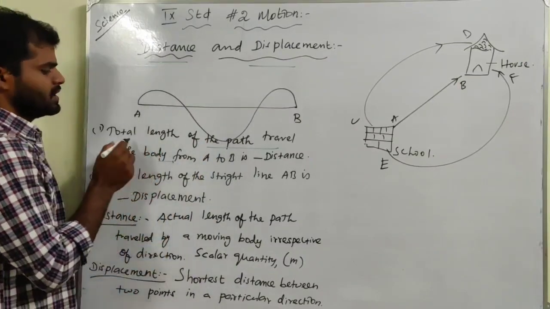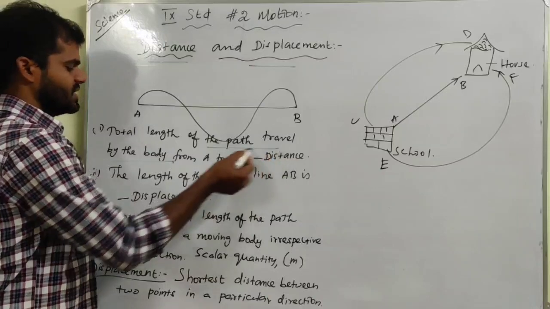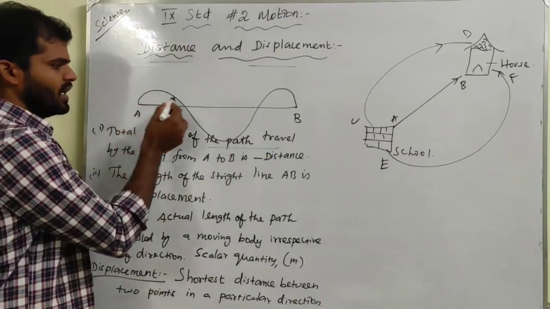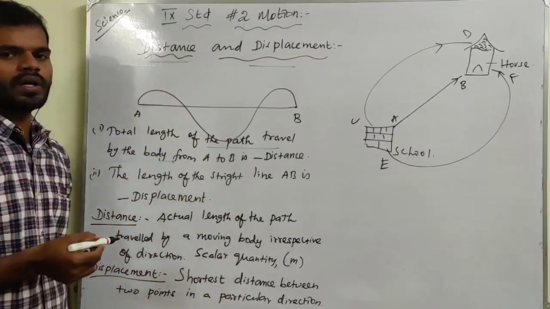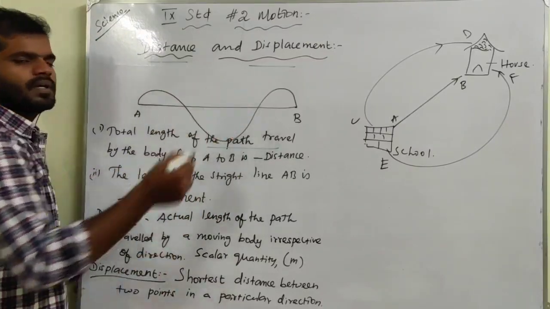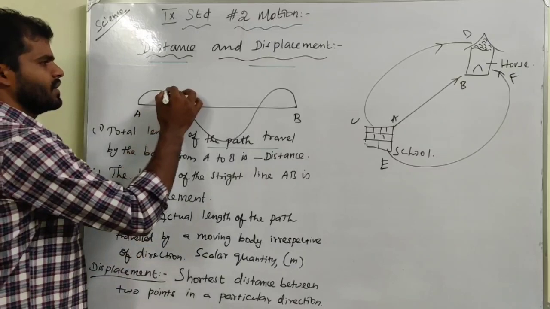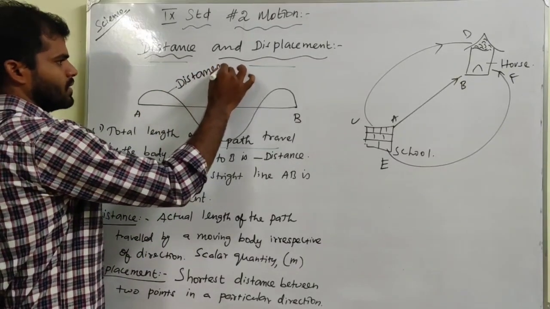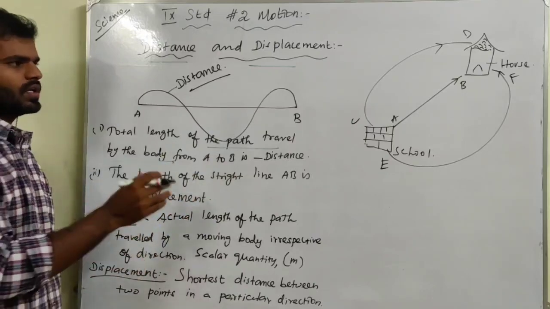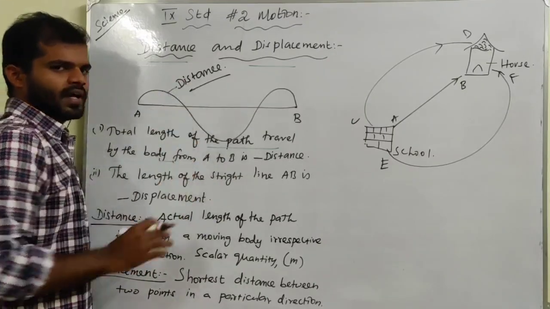The total length of the path traveled by the body from A to B is called distance. The total distance is called distance.